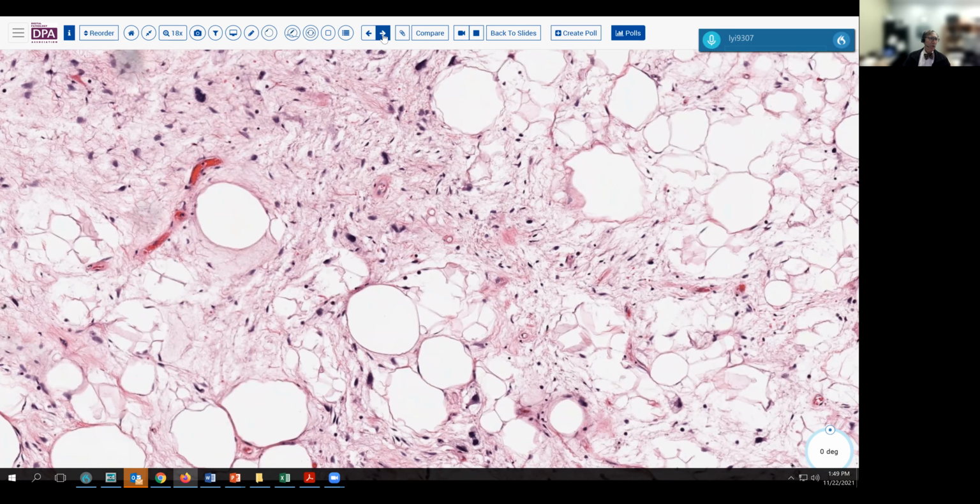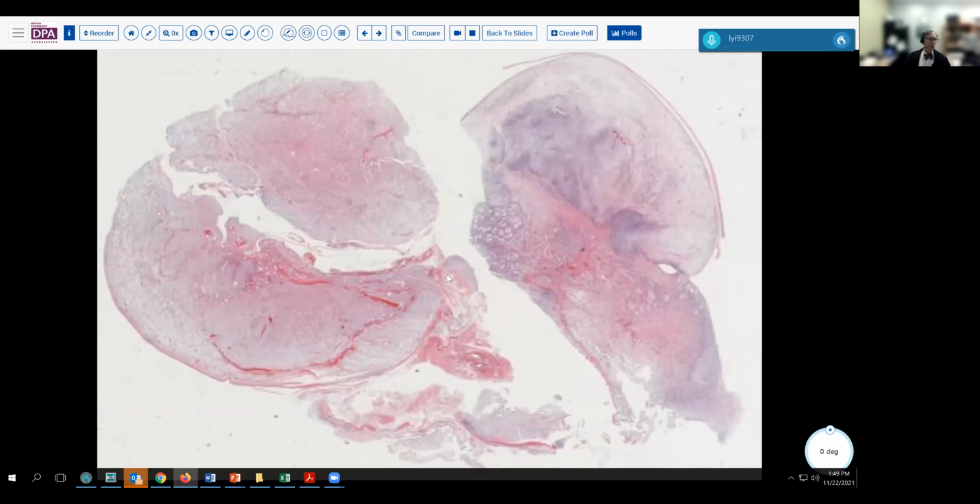Now, MDM2 immunohistochemistry has been applied in some circumstances and can be useful, but is not entirely sensitive nor necessarily as specific. And we'll talk about that a little bit later when we talk about dedifferentiation.